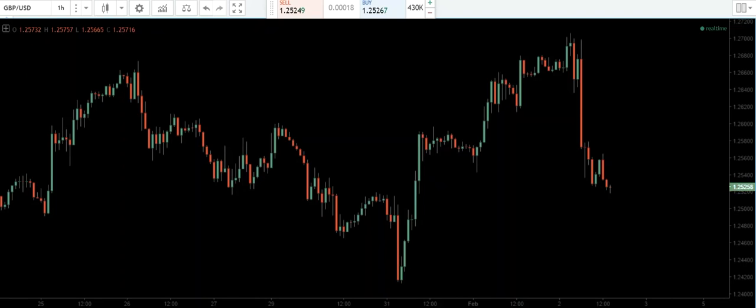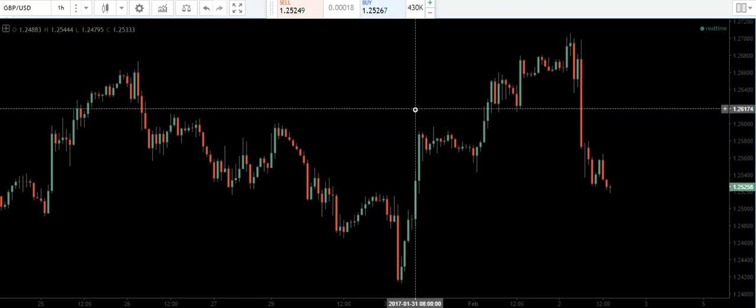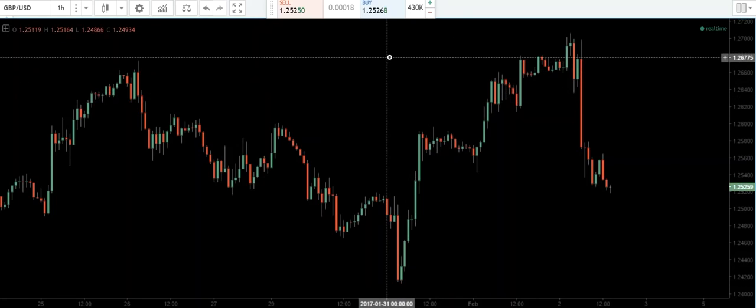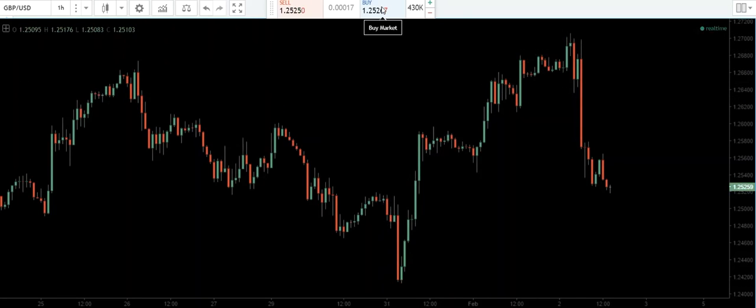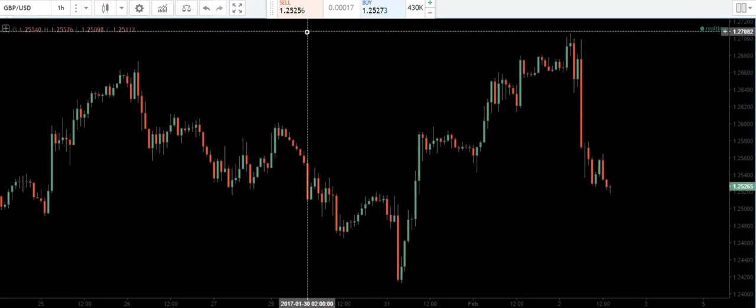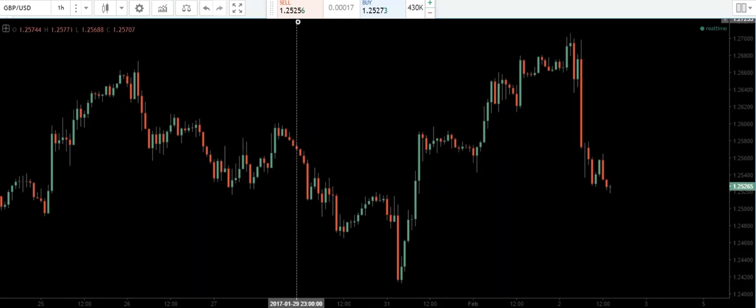A market order will simply place you into the market at whatever price your broker sends over to you. So say for example, we wanted to buy the pound dollar, we would enter a buy, we would click on this buy button, and we would assume that we're going to get a fill somewhere right along where this sale price is listed.